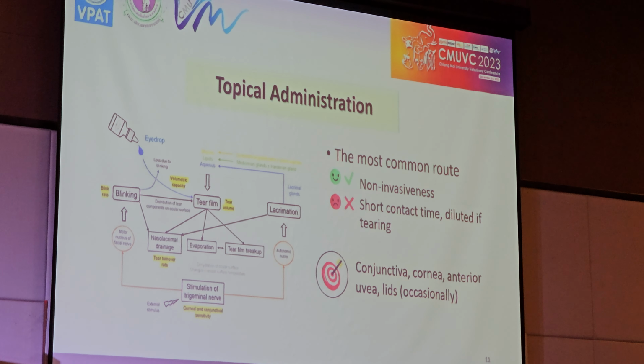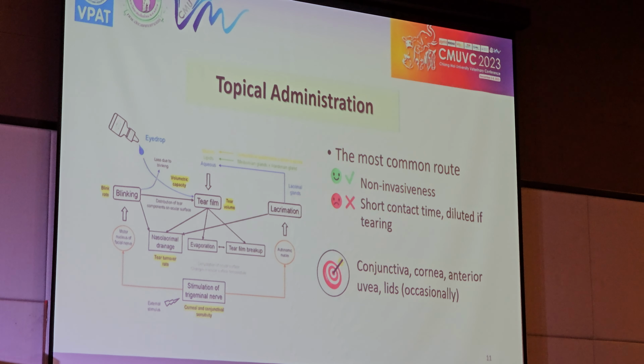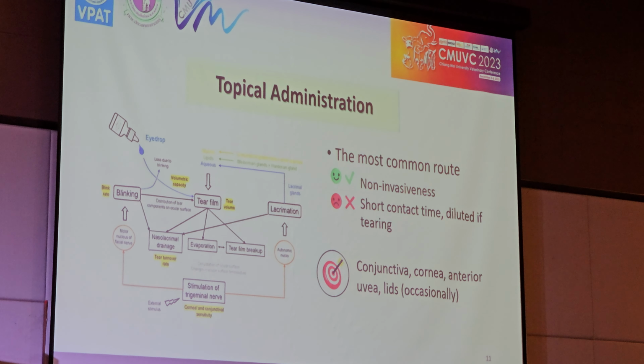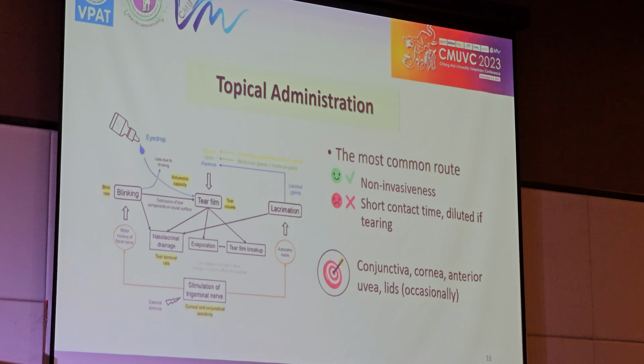So the first route is the topical administration. This is the most common route for ophthalmic drugs. The advantages of this route are its non-invasiveness and ease of drug application, minimization of systemic side effects, and maximization of the drug concentration in ocular tissues. However, the disadvantages are that the availability of topically administered drugs is reduced by precorneal factors such as solution drainage, tear dilution, tear turnover, and increased lacrimation.